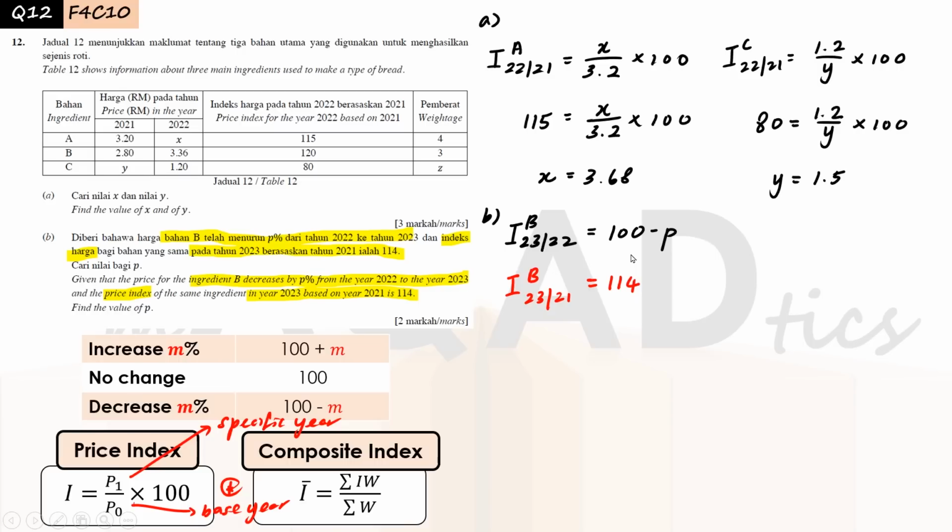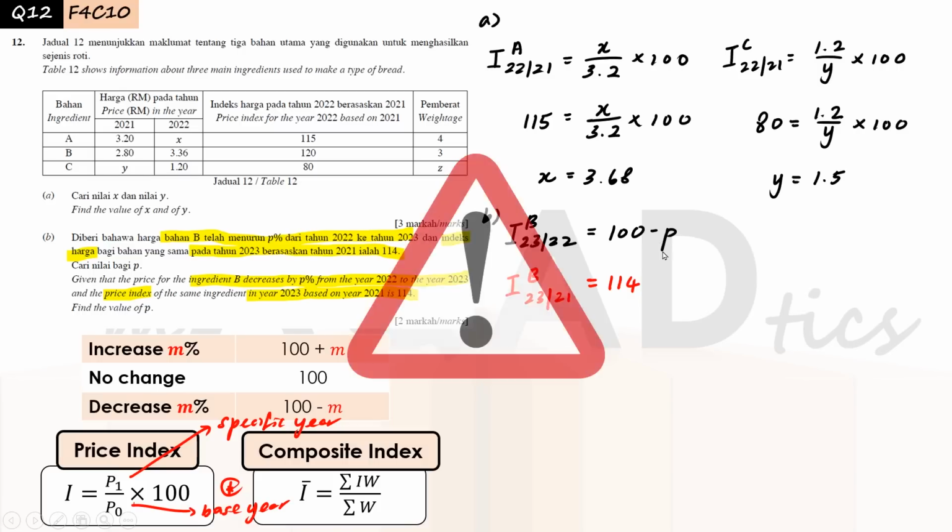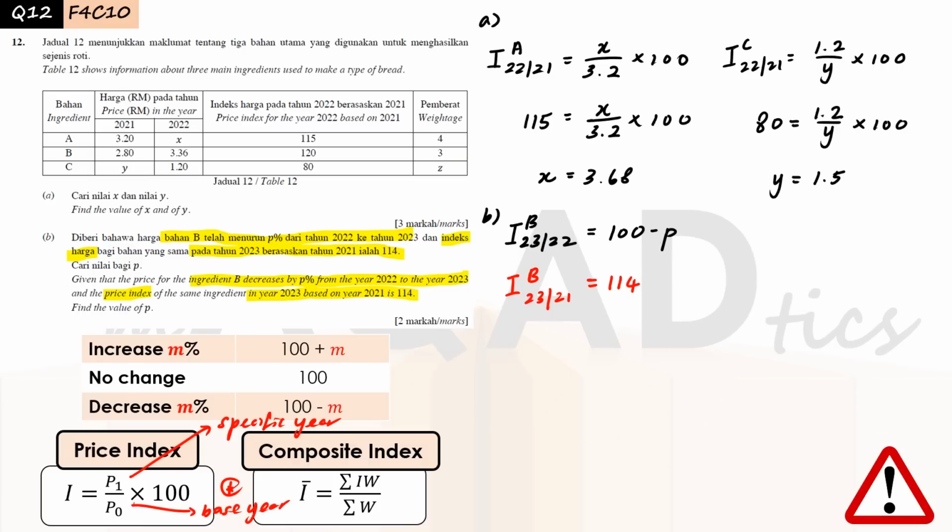Now we have two similar price indices which focus on the same ingredient. So how are we trying to find another price index for it? To use price indices to find another price index, we can use this 3-step method.